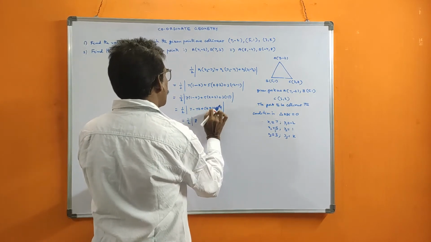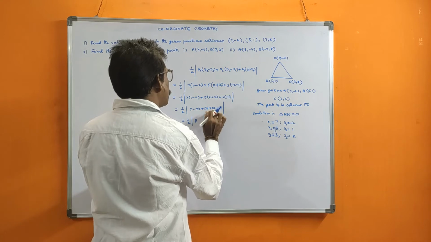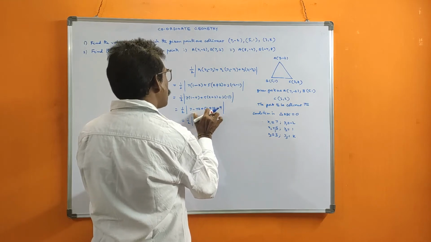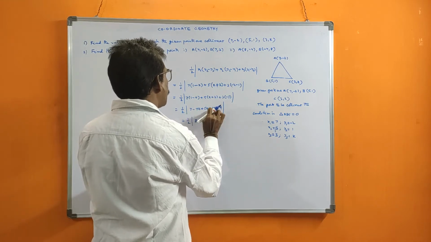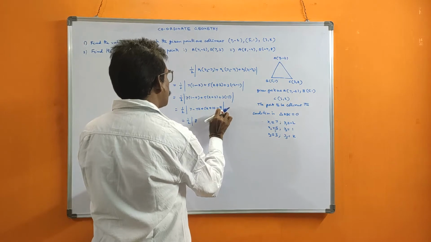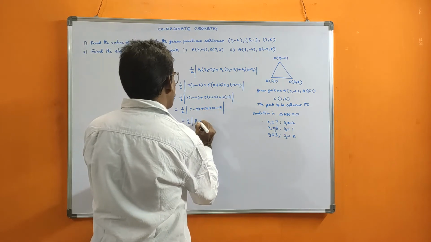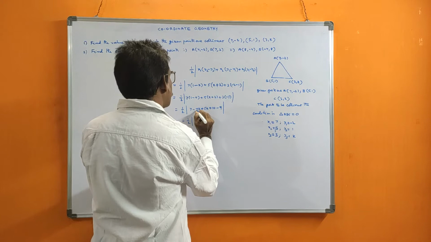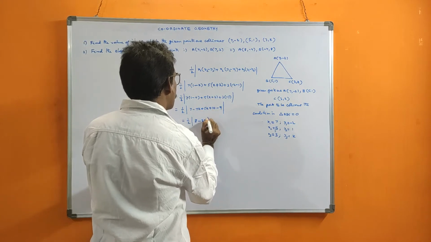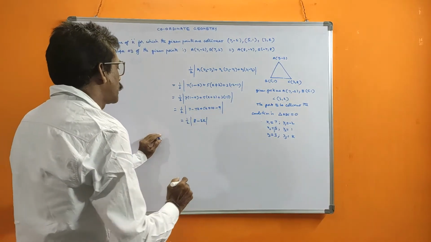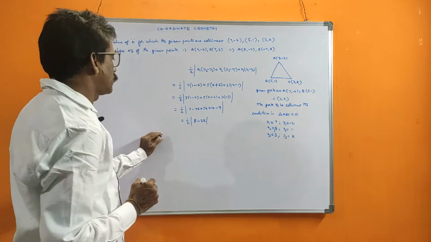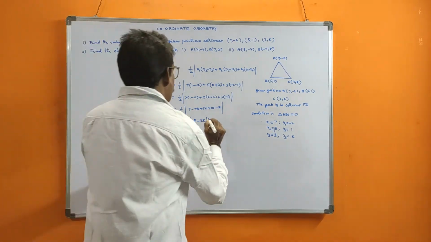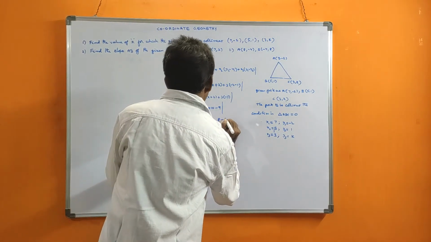For k: minus 7k plus 5k is minus 2k, because 7 is more and the sign is minus. So this is the area: one half of the modulus of (8 minus 2k).